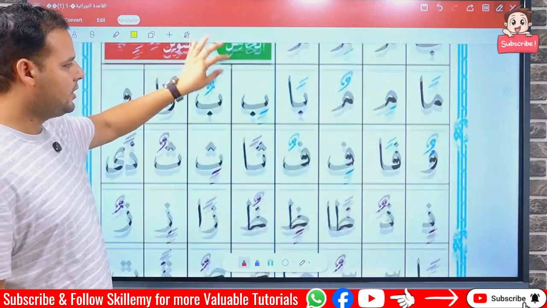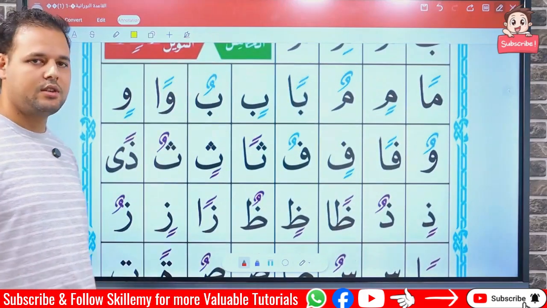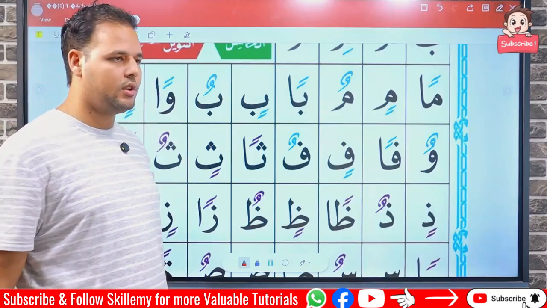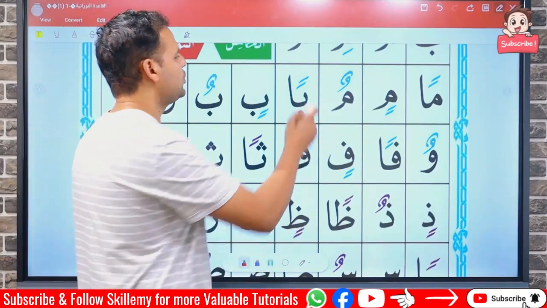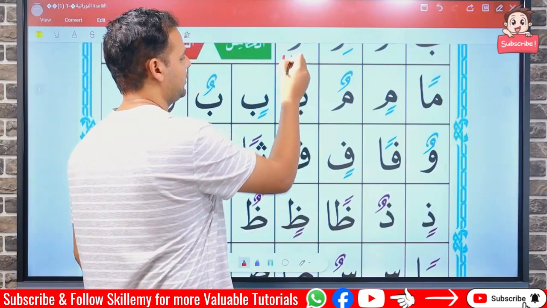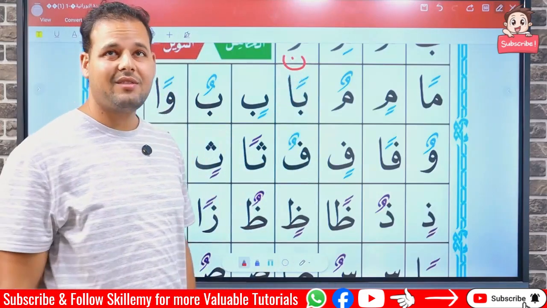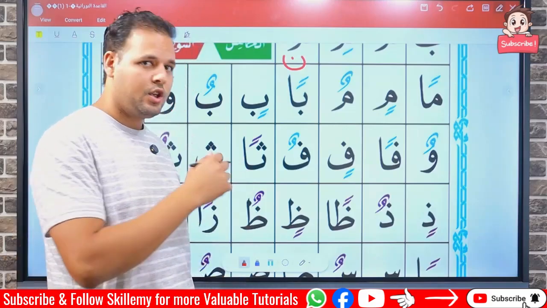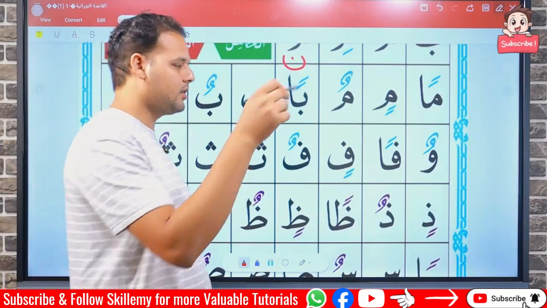And then we have here the double vowels. As you can see, the vowels have doubled. So there is a major sound in the Arabic language, which is the noon sound. This one. Remember the noon? So instead of writing noon in every single word where we want to add this sound, we replaced it by doubling the vowels.